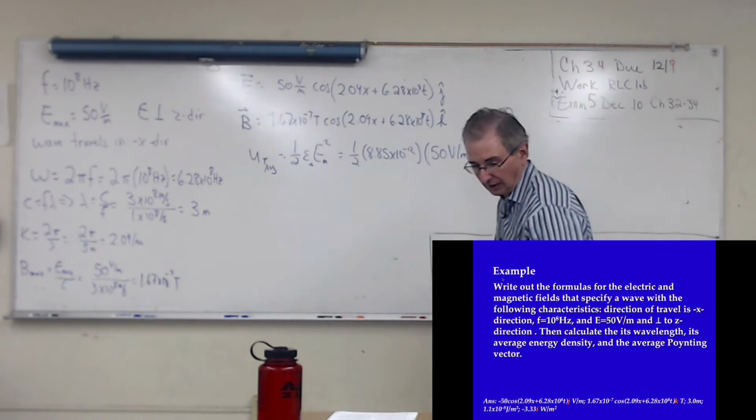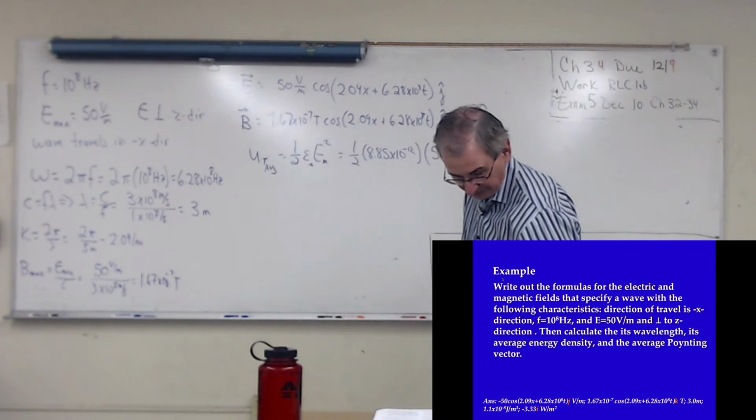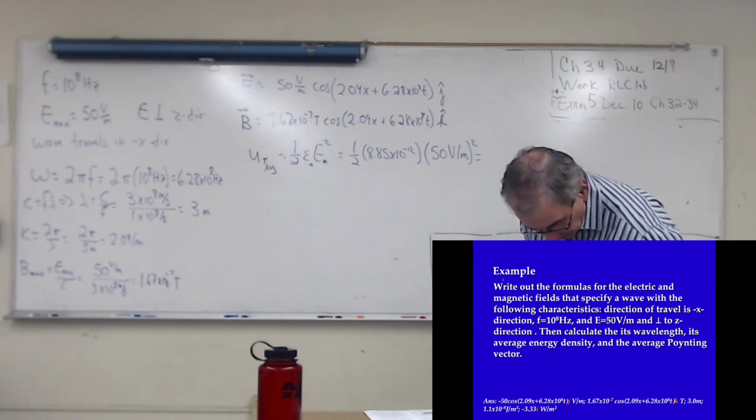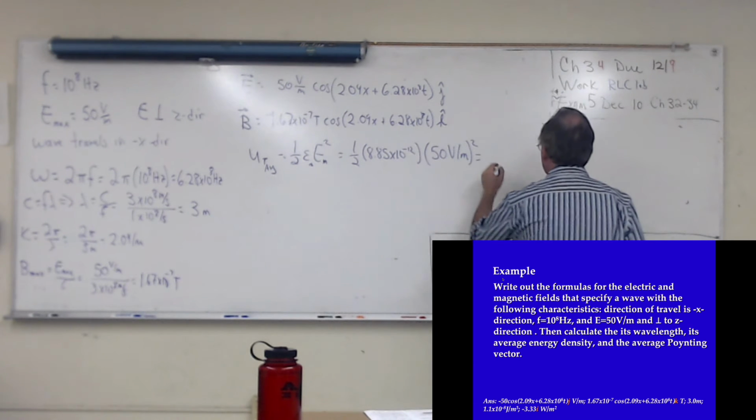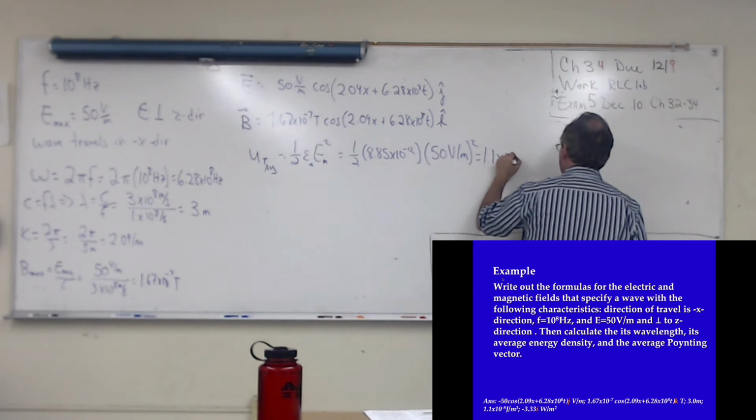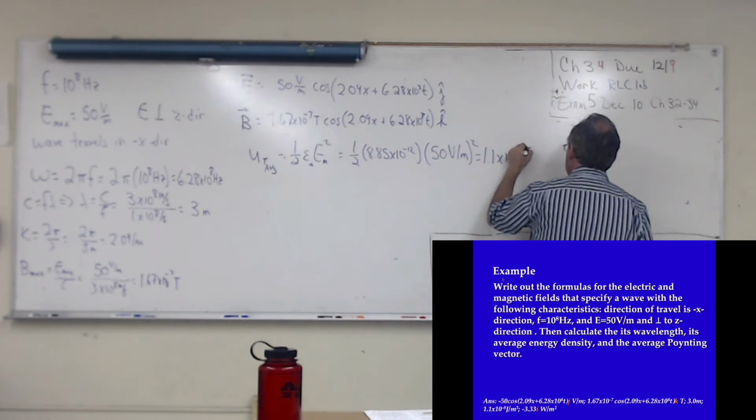And this comes out to be, I have to look up the answer, 1.1 times 10 to the minus 8 joules per meter cubed.